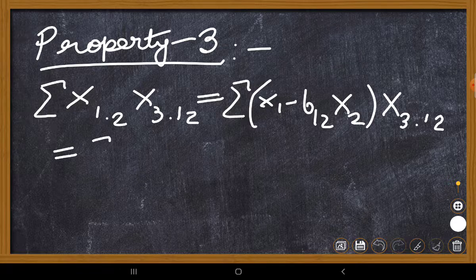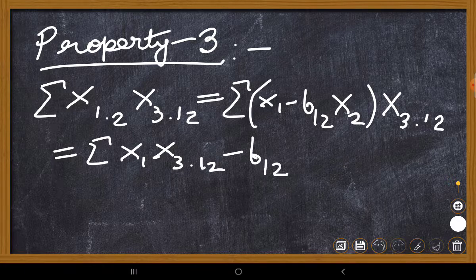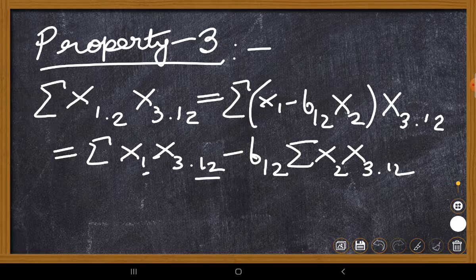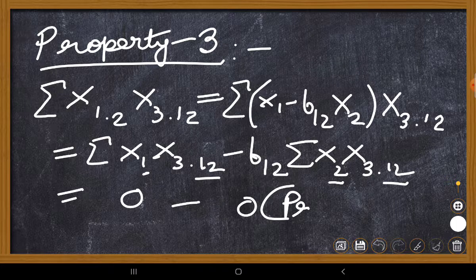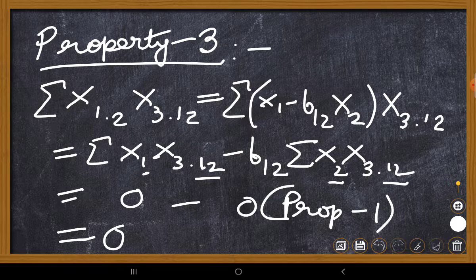If you multiply, you have summation x1 x3.12 minus b12 summation x2 into x3.12. We see that this 1 lies in the secondary subscript, and this 2 also lies in the secondary subscript. So here you'll have 0 minus 0 using property number 1, and hence the sum of the product of these two residuals is equal to 0.